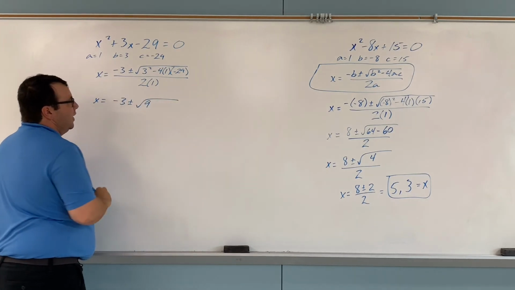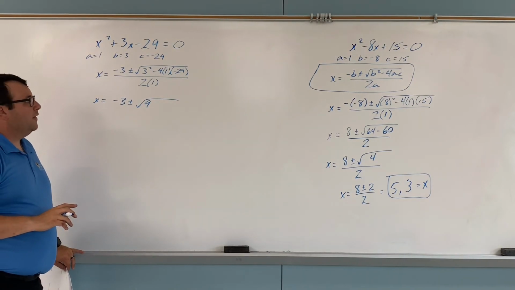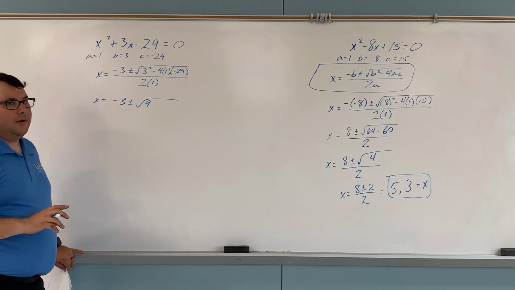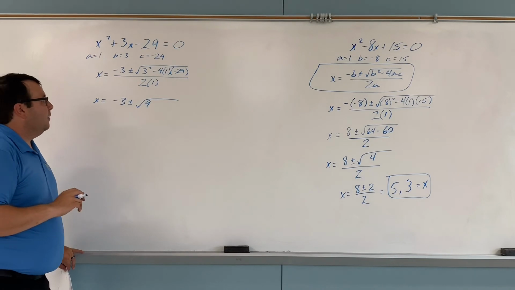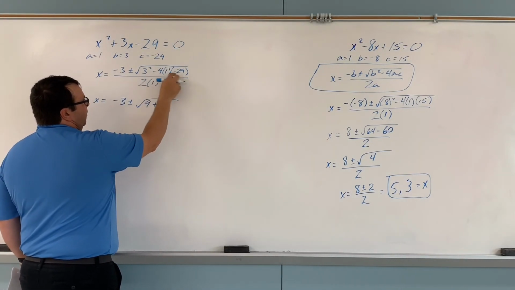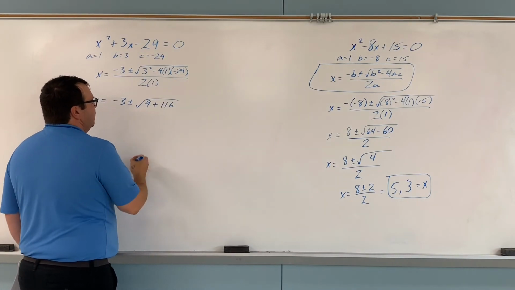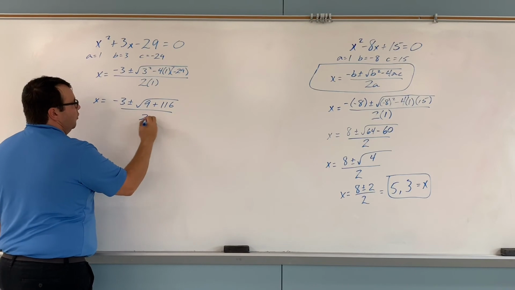3 squared is 9. 4 times 1 is 4. And then 4 times 29. Think about it. 4 times 29, you should come up to a positive, because it's double negatives here, positive 116 divided by 2.